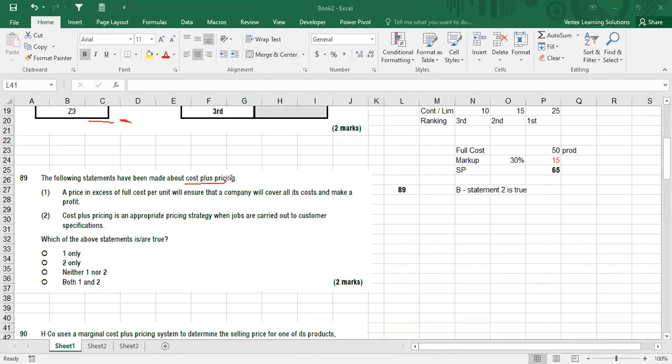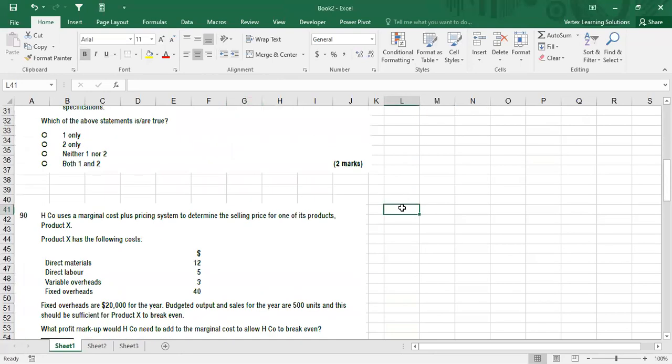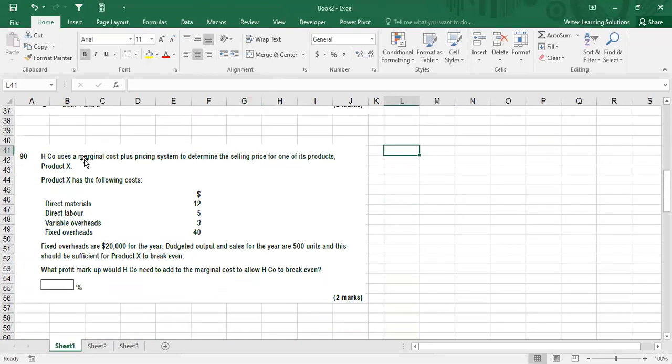When it says cost plus pricing, it means absorption cost, four components, full cost plus markup. Here it does not say full cost plus, it says marginal cost plus. So pricing is a separate word; this is together, marginal cost plus. Marginal cost plus means variable cost plus a certain percentage as a markup, and then you decide the price.